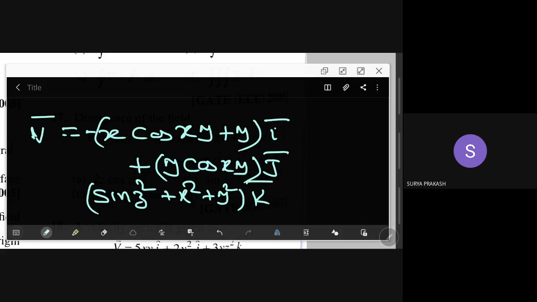This is our V bar. This is our vector field.